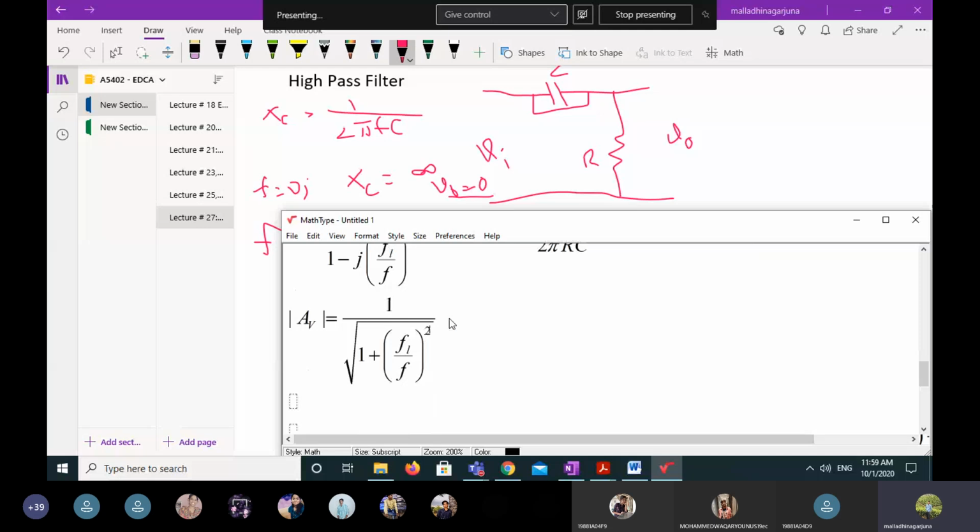This is the formula for modulus AV equals 1 by under root 1 plus, since 1 square minus J square becomes minus of minus, which is plus, FL by f whole square.